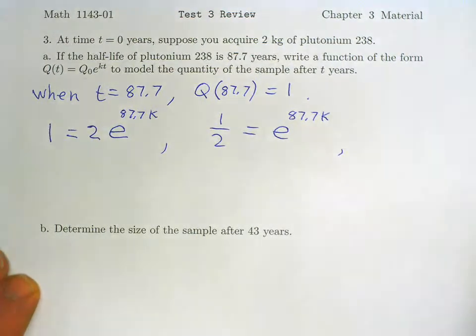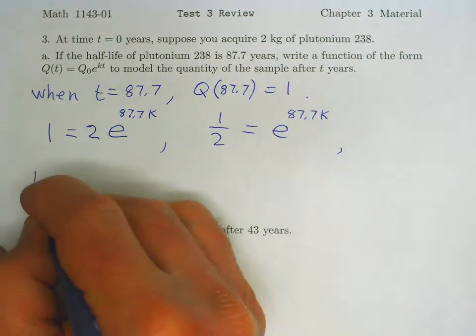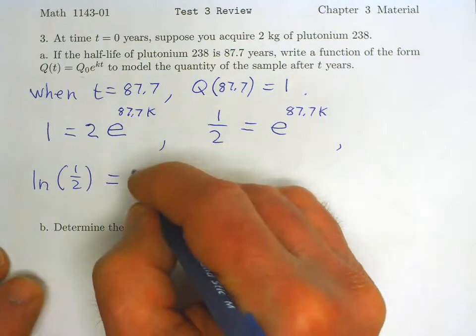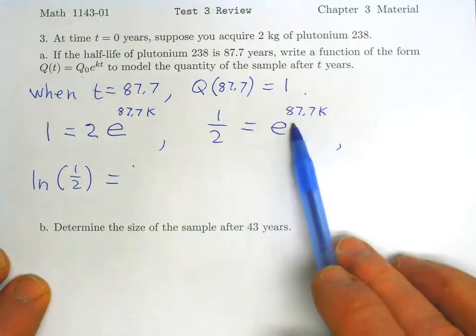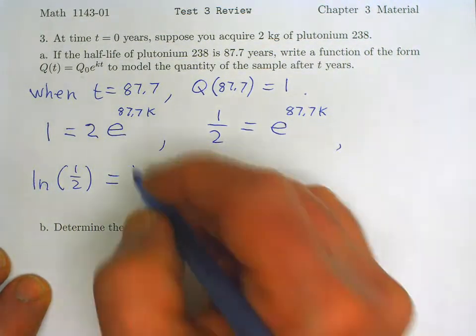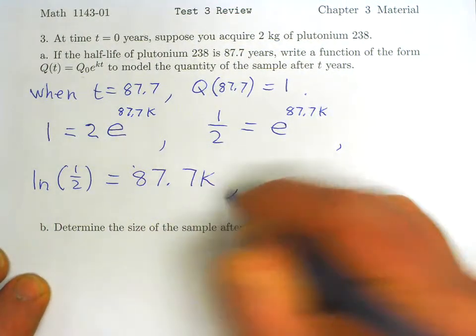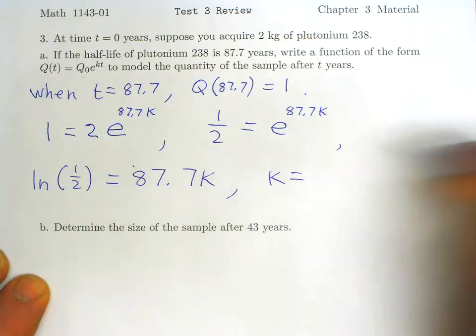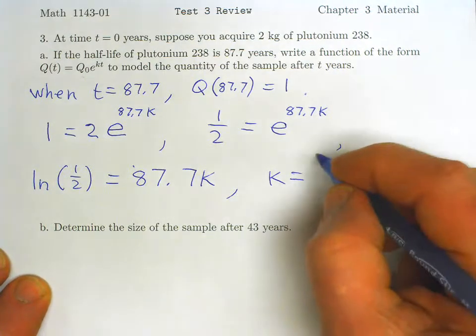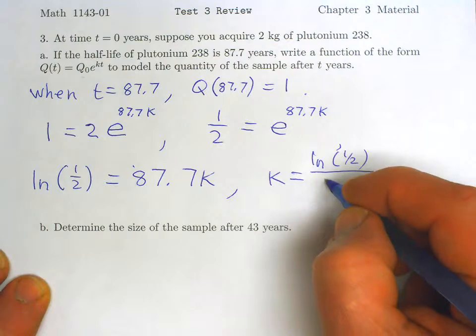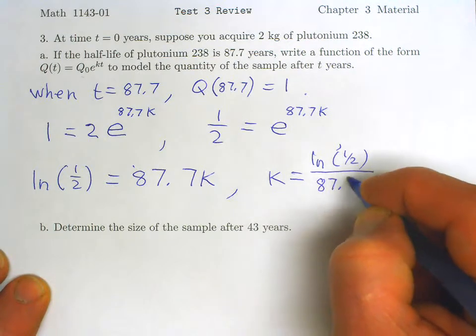Then take the natural log of both sides. The natural log of 1/2 equals the natural log of e to the 87.7k, which is just going to be 87.7k. And so the decay constant is the natural log of 1/2 divided by 87.7.